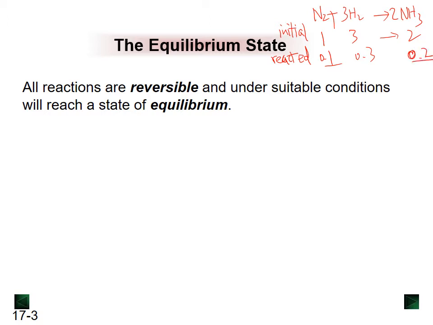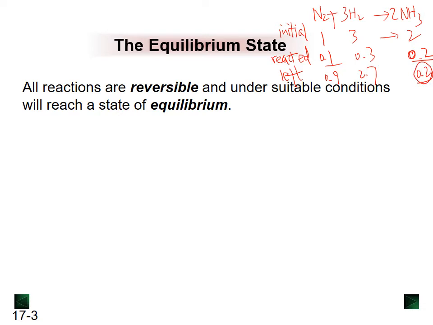You still have 0.9 moles of nitrogen and 2.7 moles of hydrogen left that don't react, and you only get 0.2 moles of ammonia.